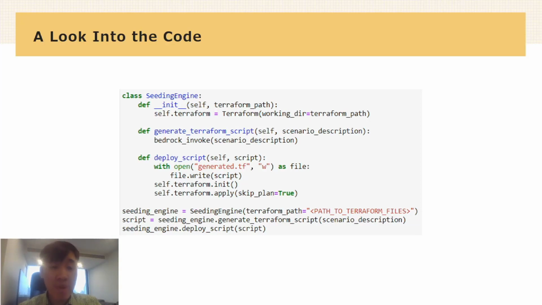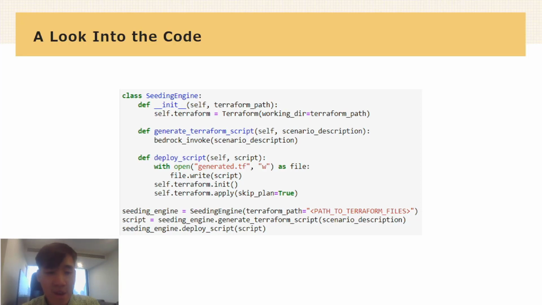So in this case, we're declaring a class in Python called seeding engine. We're just initializing it and pointing Terraform to the appropriate working directory. We then have a generate Terraform script function, which we invoke based on the scenario that we have out of it.